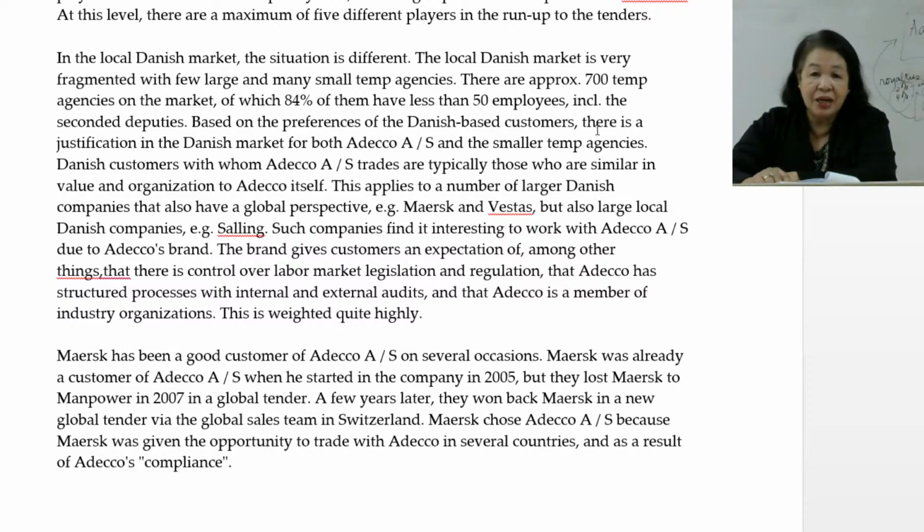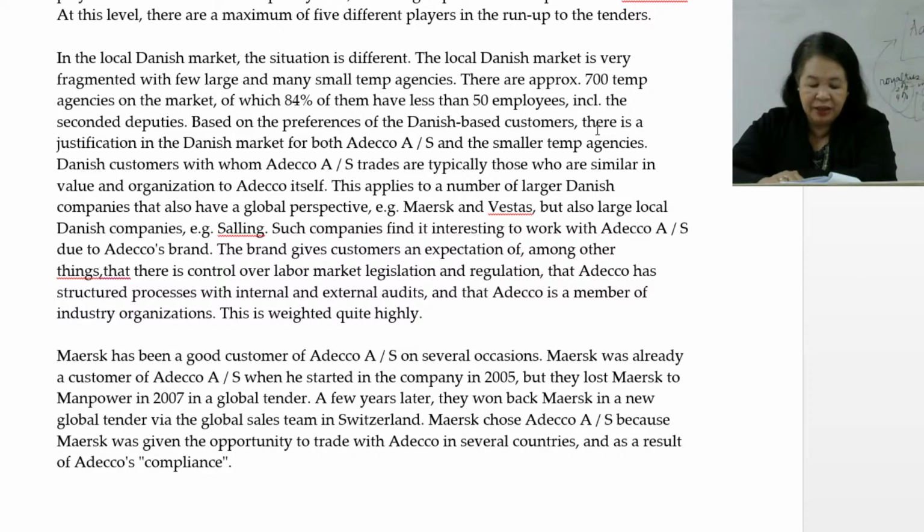Kasi meron naman na ang competition, kasi pag pareho kayo ng services offered, magkakatalo kayo doon sa price ng services, no? So ang sabi dito naman ng Adecco, pagdating sa standard, mataas yung kanila pero quality yung services na binibigay nila. So this applies to a number of larger Danish companies that also have a local perspective, no? Just like Merck's and Vistas, but also large local Danish companies.